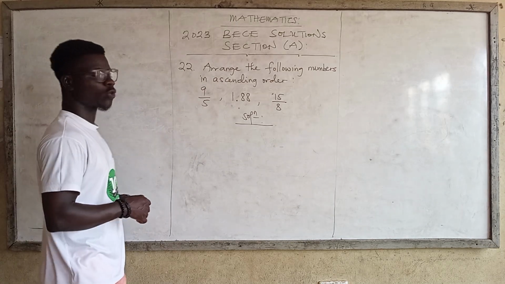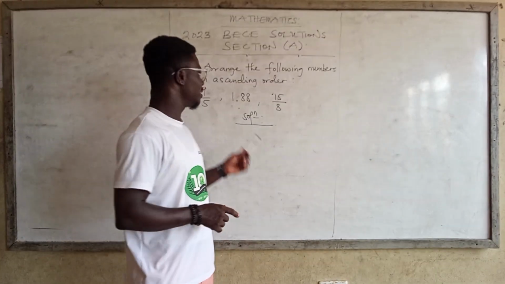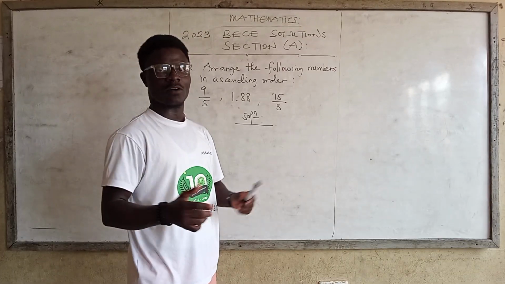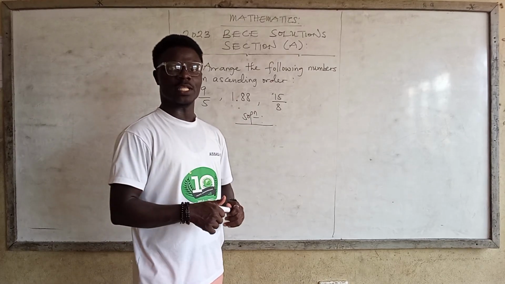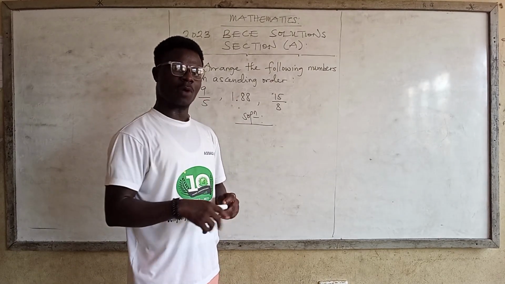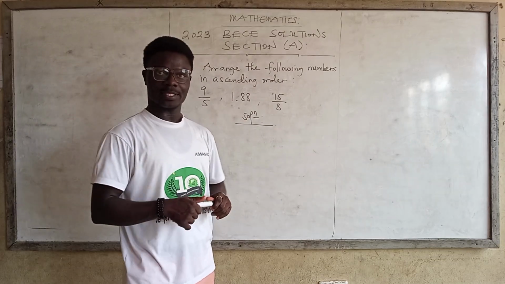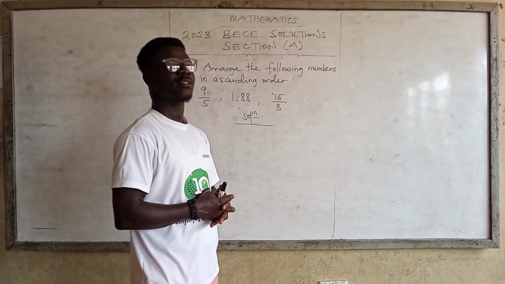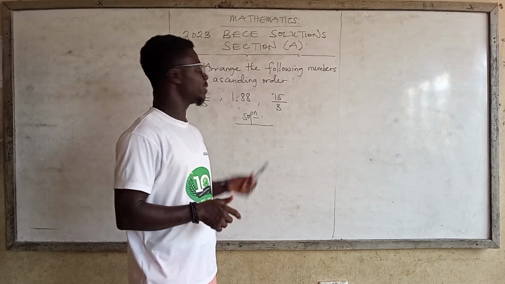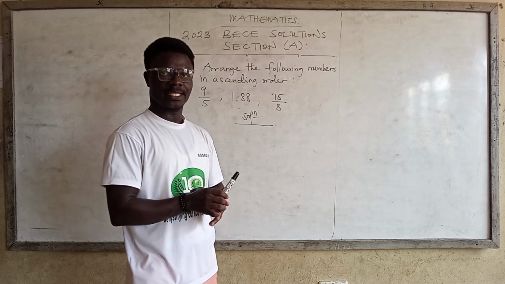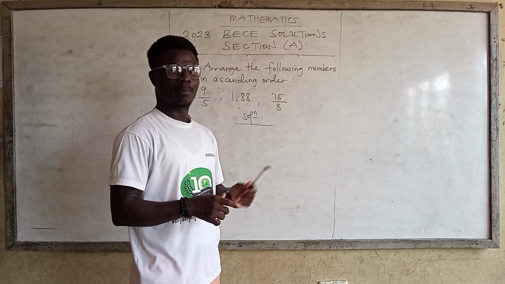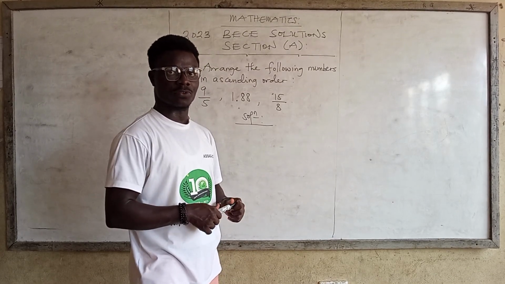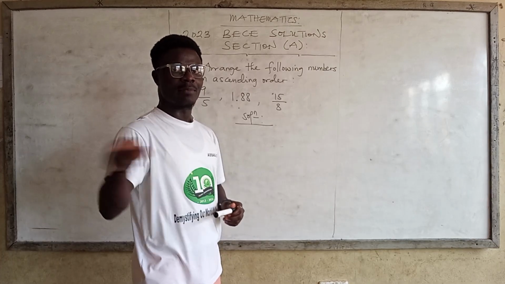So now, how best can we solve this? We have several ways of solving this question. You can change all the numbers to decimal fractions, which means decimal points must be inside the numbers. Or you can convert all the numbers to percentages, which means you multiply each number by 100 to obtain the number in percent.